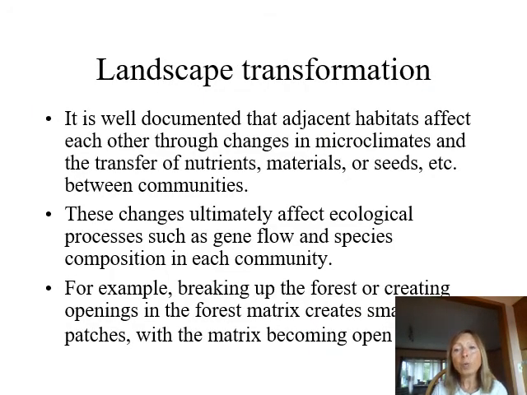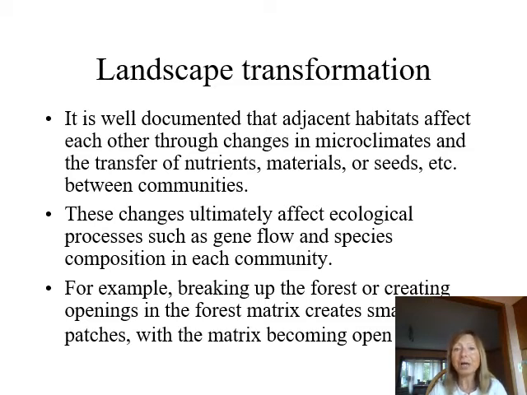And so it is quite well documented in the literature on landscape ecology that adjacent habitats affect each other through changes in microclimate, in hydrology, in transfer of nutrients, materials, seeds, species themselves, genetic exchange among the communities. So heterogeneity is really, really important, and as we are changing the matrix, the entire landscape is changing.